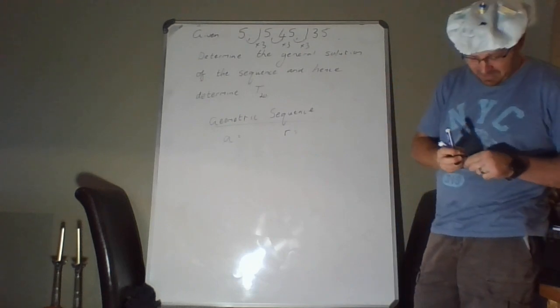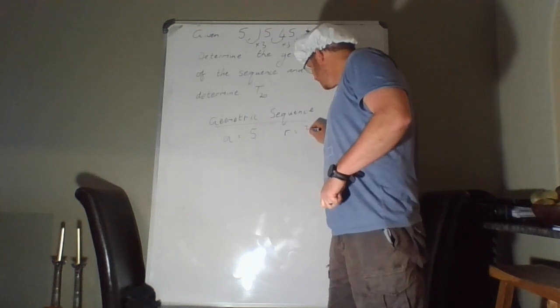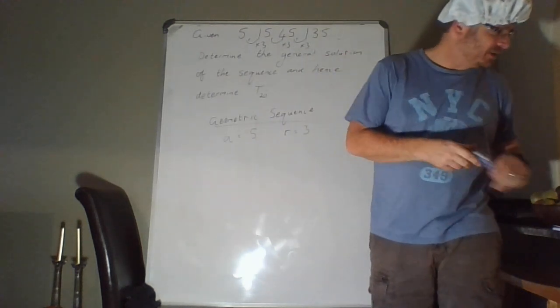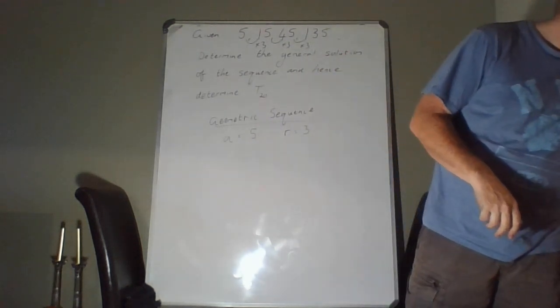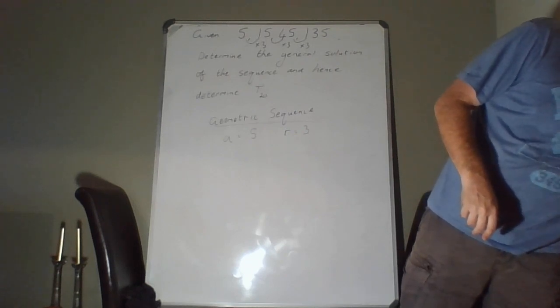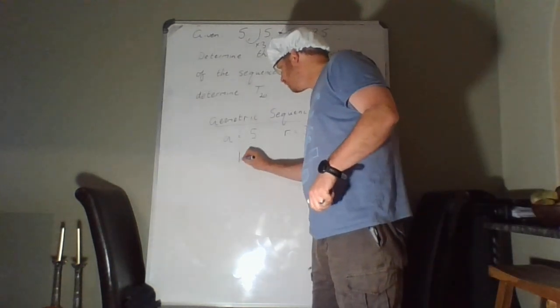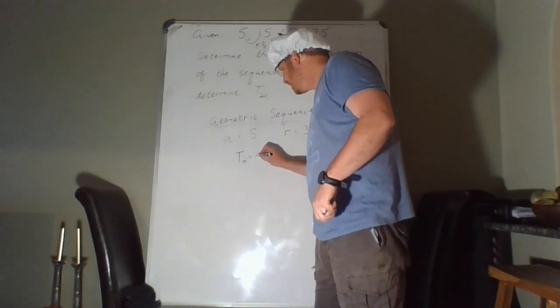Right, so A is equal to 5, and your ratio is equal to 3. And for a geometric sequence, we need to know this formula, we need to learn it.